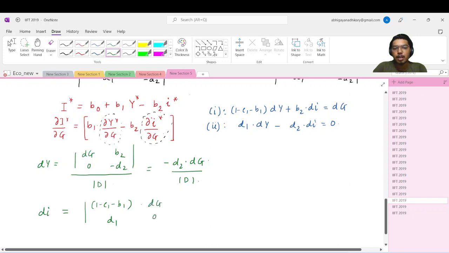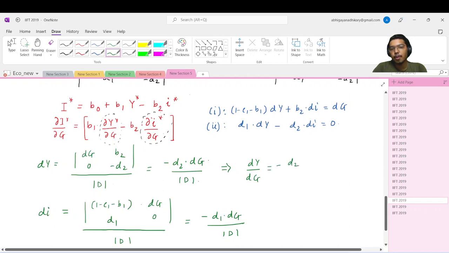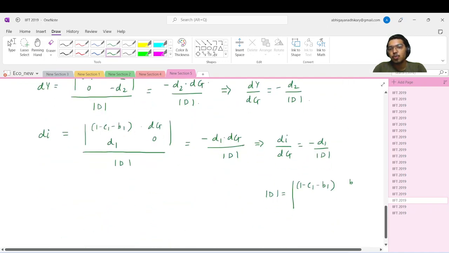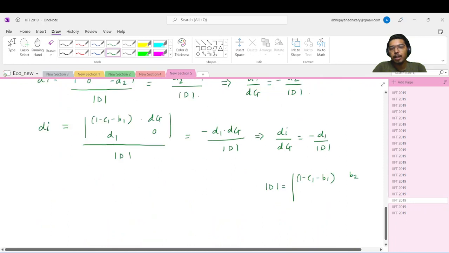Over here we insert dg and 0, divided by determinant D. So that will be minus d1 dg divided by determinant D. From the first expression we get dy/dg equals minus d2 by determinant D, and from here we get di/dg equals minus d1 by determinant D, where determinant D is 1 minus c1 minus b1, b2, d1 and minus d2. It's basically the coefficient determinant.